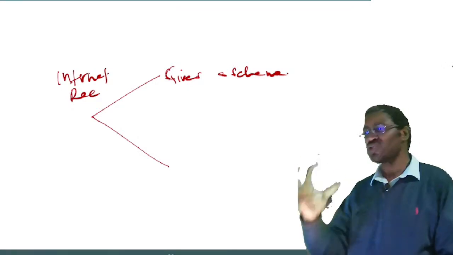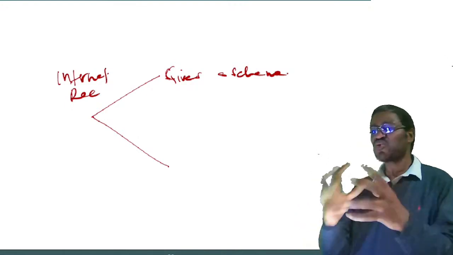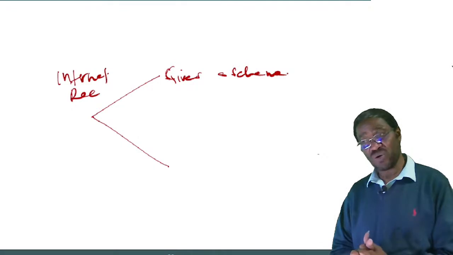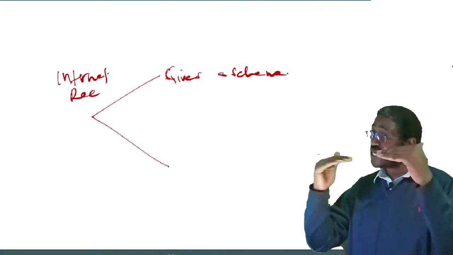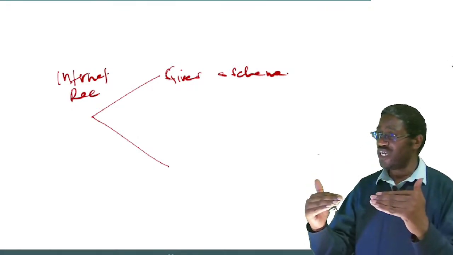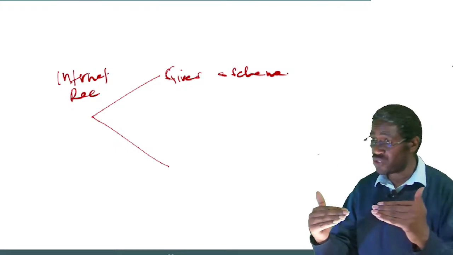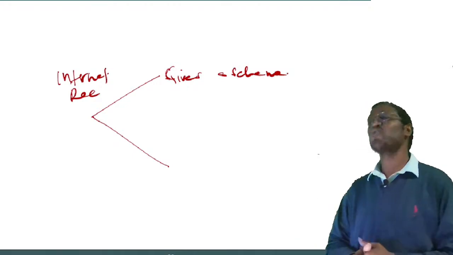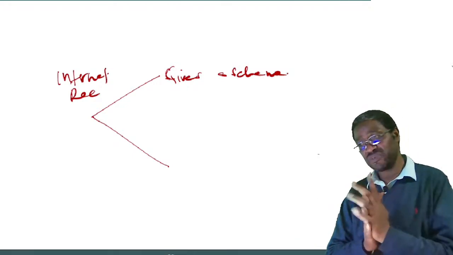So some questions start by telling you to suggest a scheme of internal reconstruction. Once you suggest a scheme, they then tell you, part B of the question, prepare the ledger entries or show the ledger accounts to record the above.